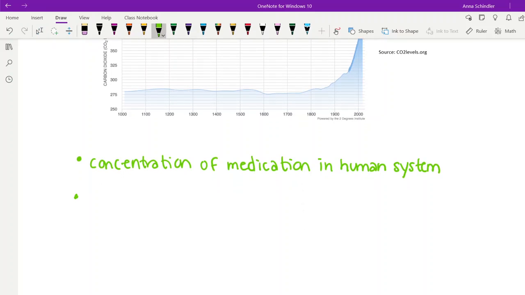Another example would be the temperature of a cooling object. For example, if you have a bowl of soup, or you take a cake out of the oven and put it at room temperature, its temperature is going to decrease a lot more quickly at the beginning. And then as the temperature gets lower, the rate of change of the temperature is going to become slower.